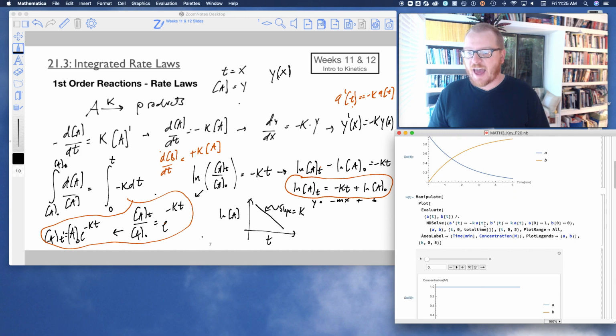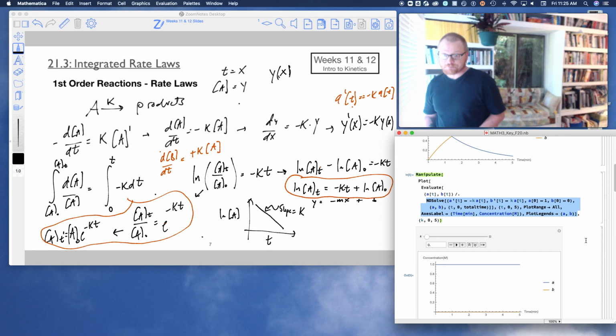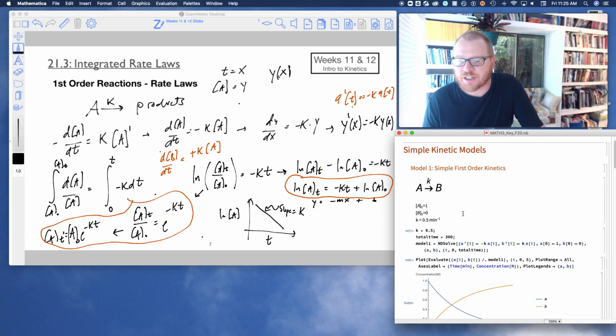So instead of doing that, I just say replace, and then I just recopied that entire Model 1 code, which takes me all the way up to there. So that's the same thing as saying Model 1, but now it goes comma, and I'm going to say let k be manipulated from 0 to 5, and my units here are inverse minutes.